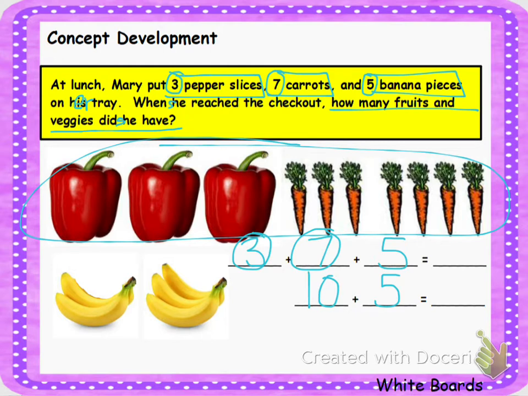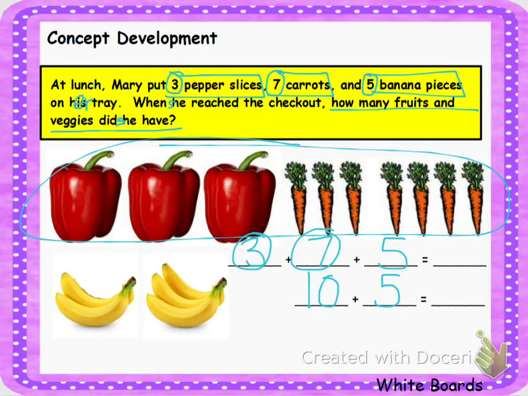So now, looking at this, 10, 5. What is 10, 5? What number is that? We're saying that the 10 way. 10, 5 is what? 15, right? 10, 5 is 15. So now we can check with our picture to make sure that it's 15.